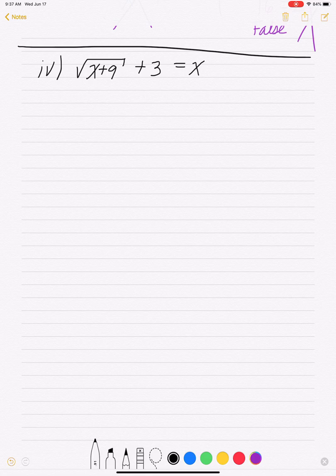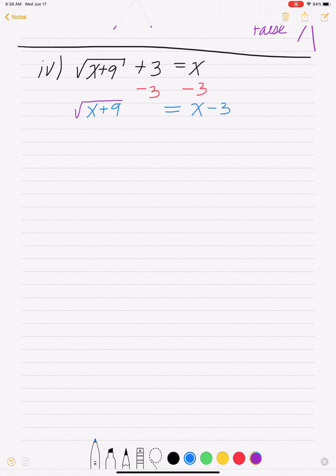So first I'm going to get rid of that positive 3, so I'm going to subtract 3. So this one's a little different because it has a variable x on the right side. But you still want to get the radical by itself. So I'm going to have radical x plus 9 equals x minus 3.